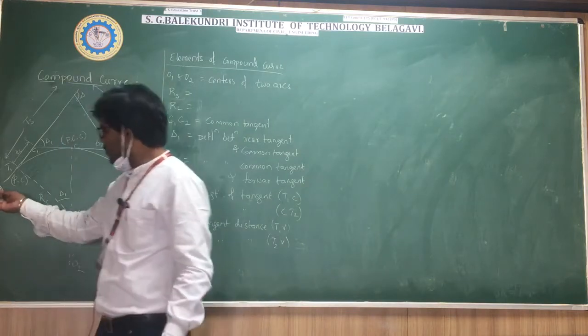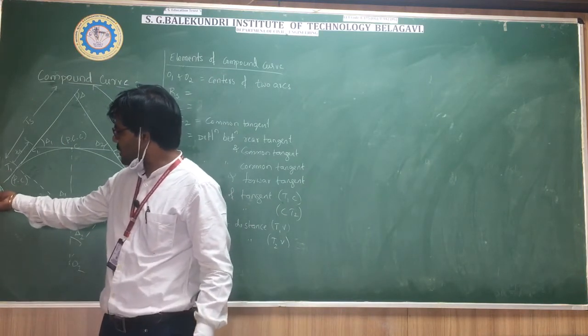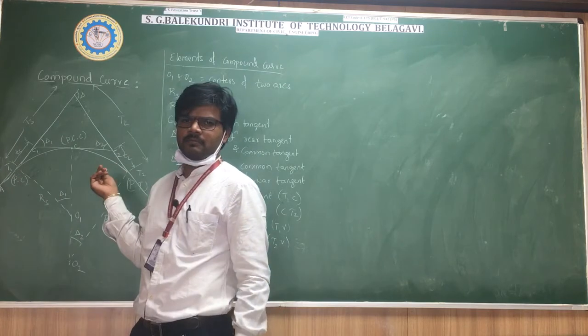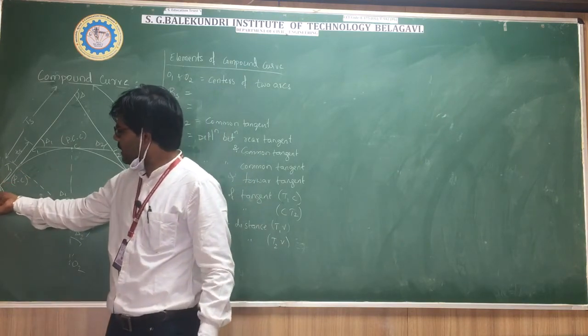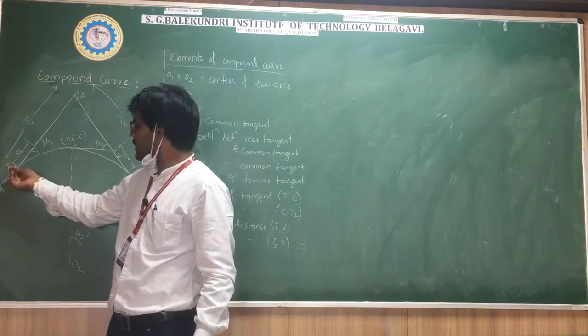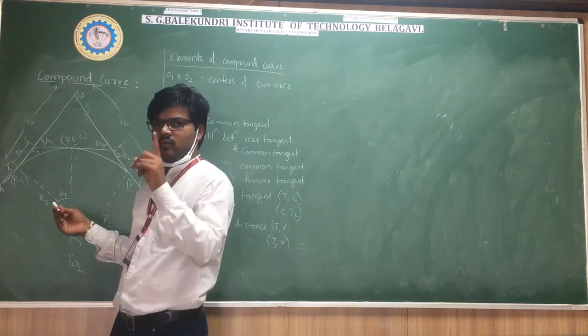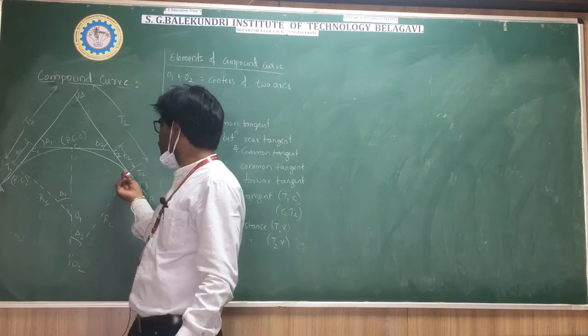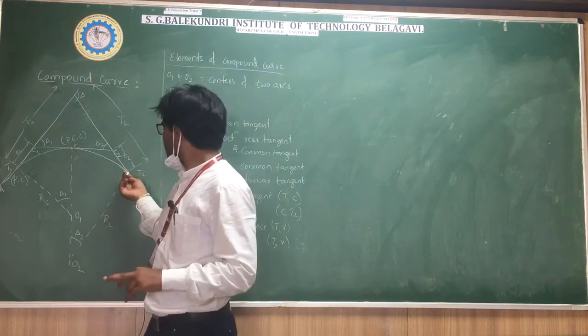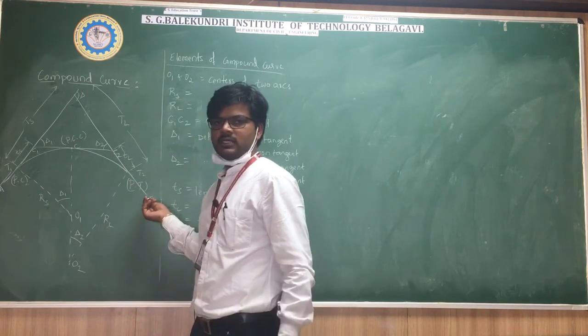Here the curve starts from a straight line to circular. Initially AT1 is a straight line and T1 to C is the curvature, the first arc. After that C to T2 is the second arc, and again it continues with a straight line.